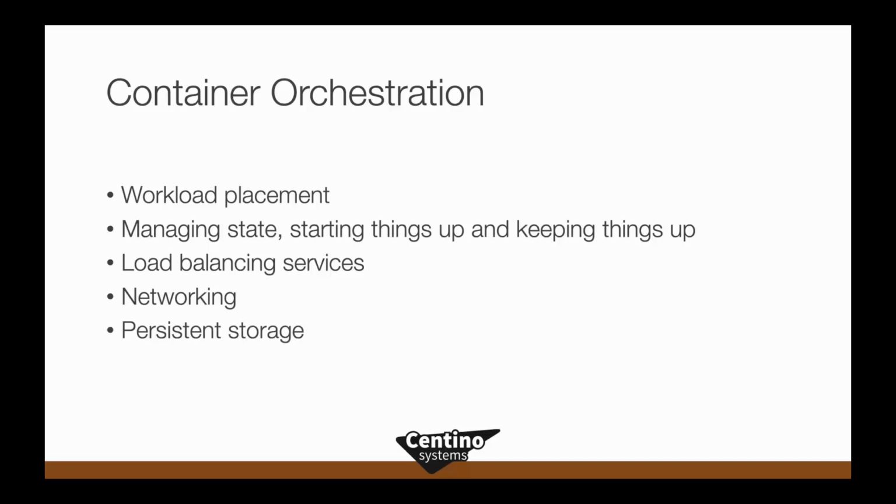Furthermore, without having to worry about things like Docker data volumes, it's the job of the container orchestrator to provide persistent storage for your containers to consume. So we don't have to worry about wiring up local directories on individual servers. That's something the cluster of your container orchestrator will manage for you.